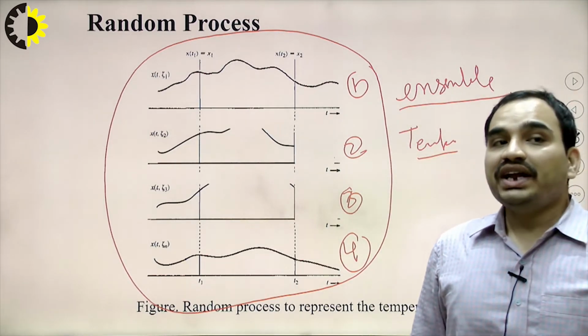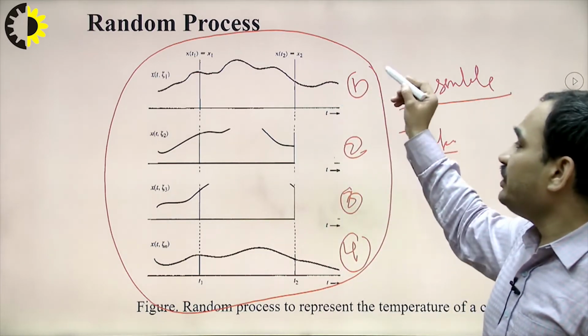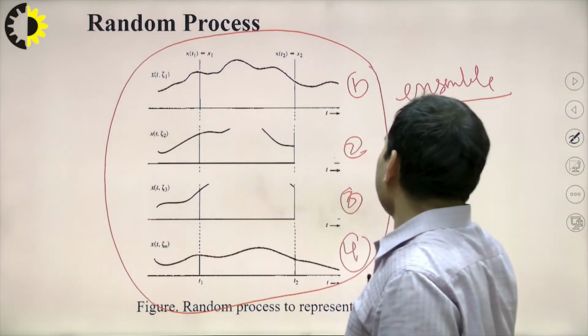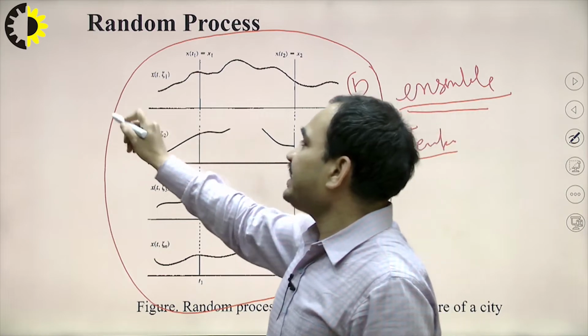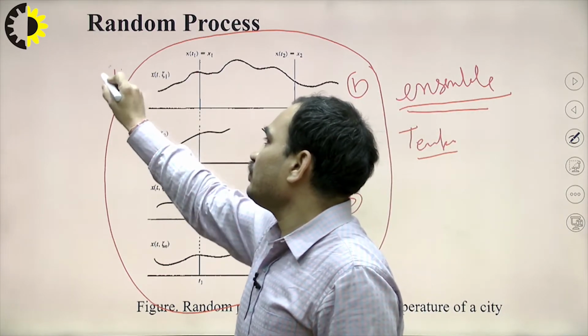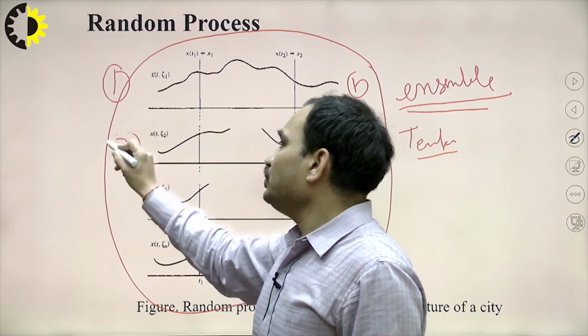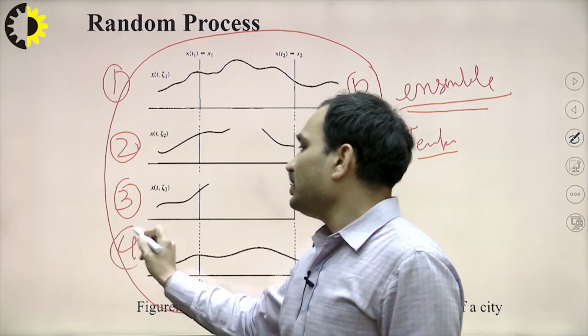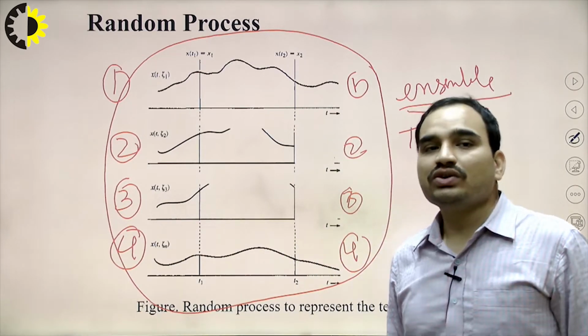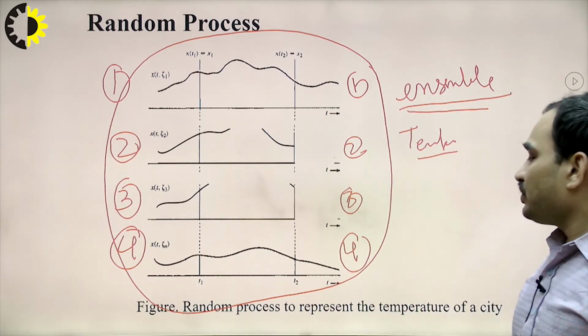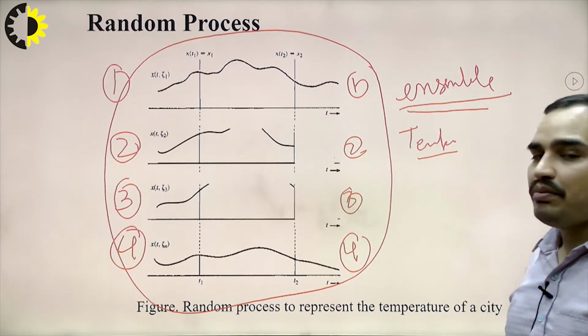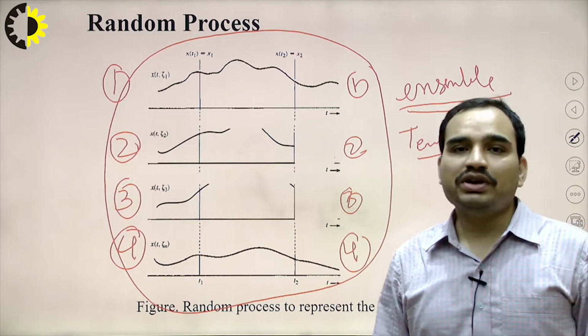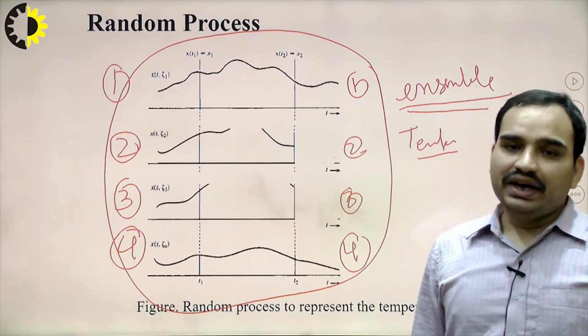The collection of all the possible waveforms is known as an ensemble, and these are the sample functions: sample function 1, sample function 2, sample function 3, sample function 4. So these are the four sample functions of an ensemble, representing the temperature of the city as a random process.